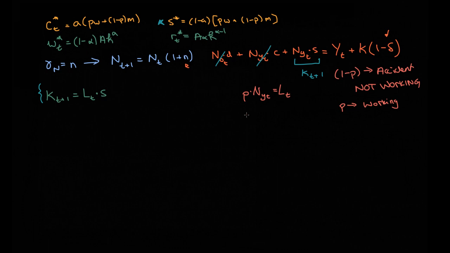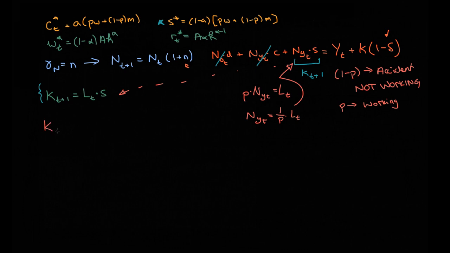So this is our new clearing condition. Rearranging, we find that N^y_t is equal to 1/p times L_t. So we plug that into here, and then plug that into here.